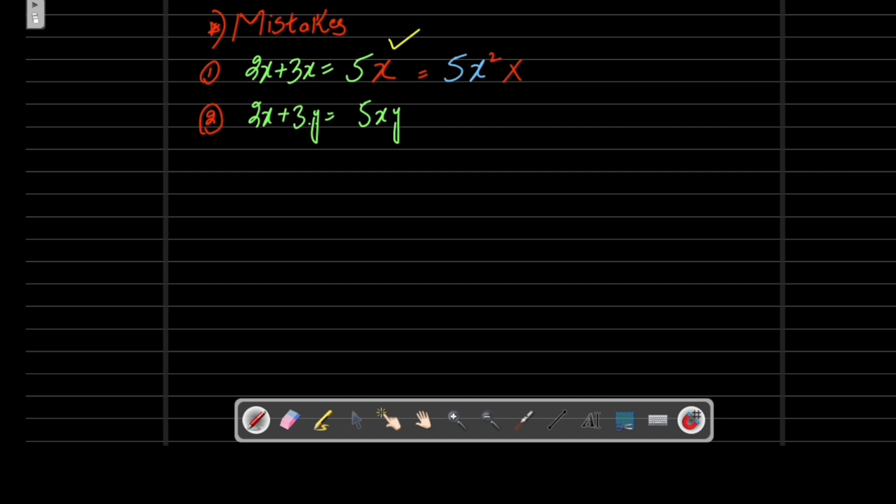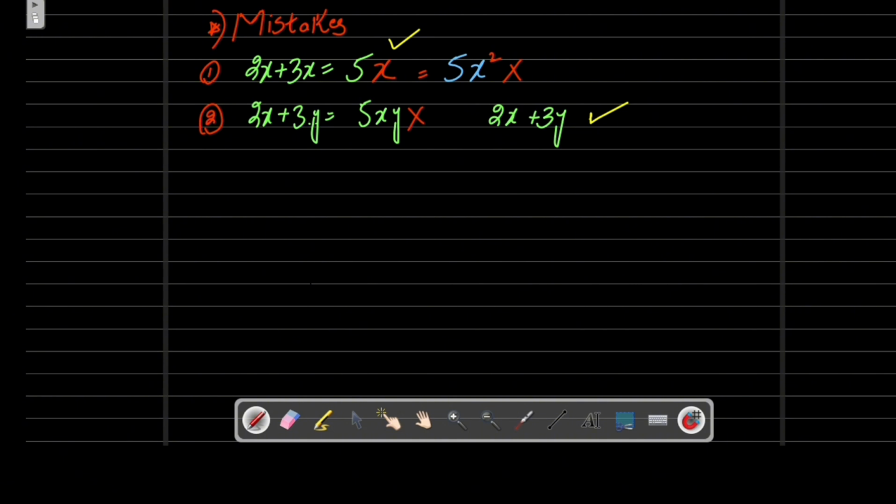This is a wrong one. The right way is 2x plus 3y. This will be the right answer of this problem, because we cannot add unlike terms, so these two terms remain the same way as they were in the question.